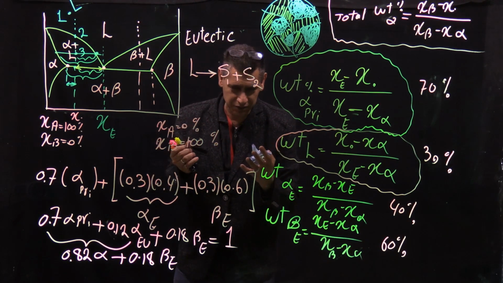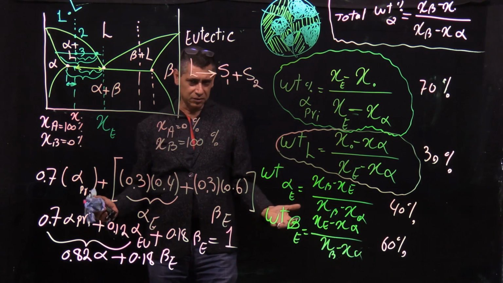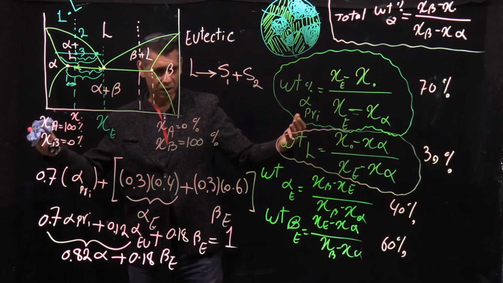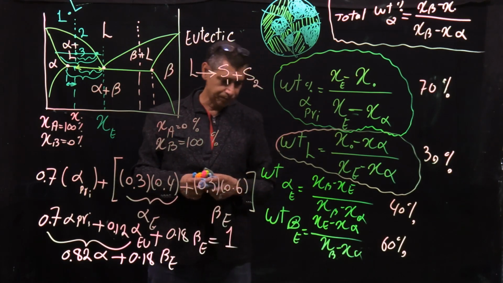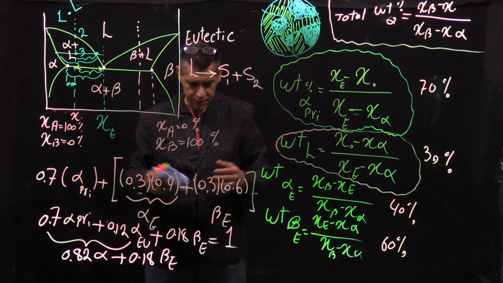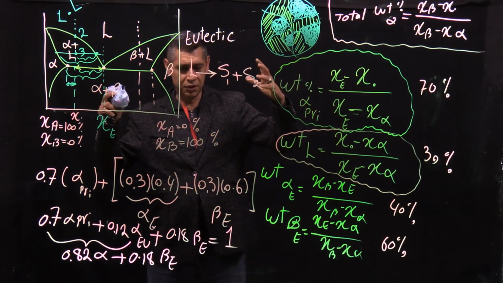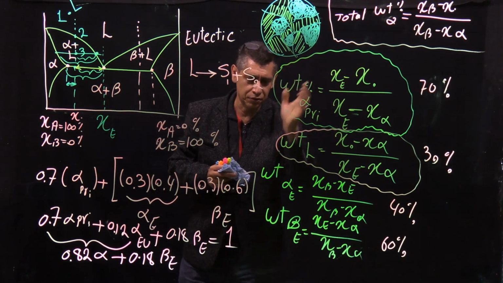in real practice, well, we do all these things. I mean, you can buy a $2 million microscope and do EDS, energy dispersive spectrometry, and then you can measure what is the percentage of each.